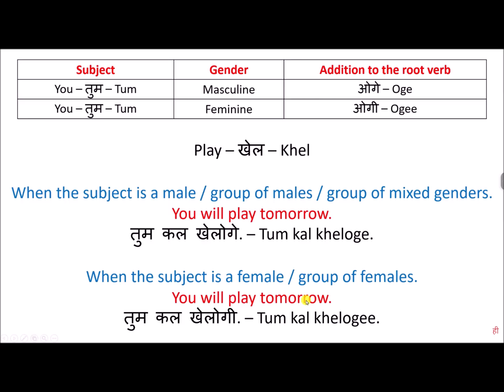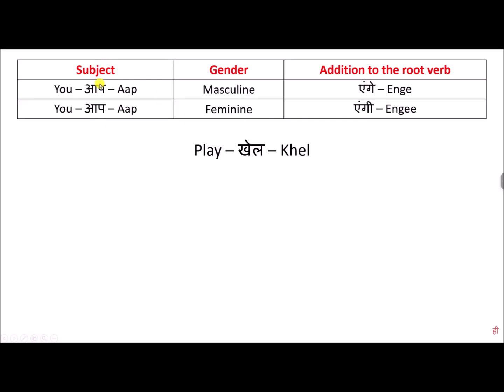Alright. Next, aap. If we are referring to a masculine gender, then enge is added to the root verb. If we are referring to a feminine gender, then engi is added to the root verb.